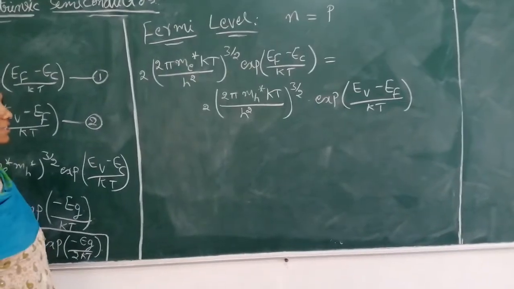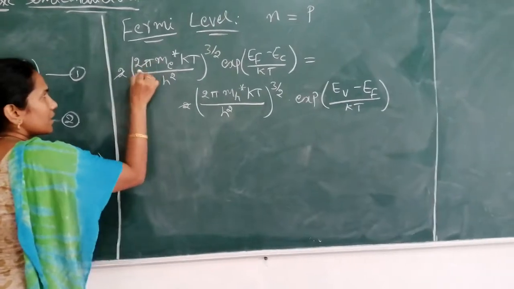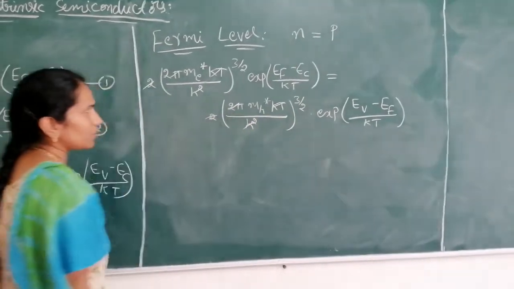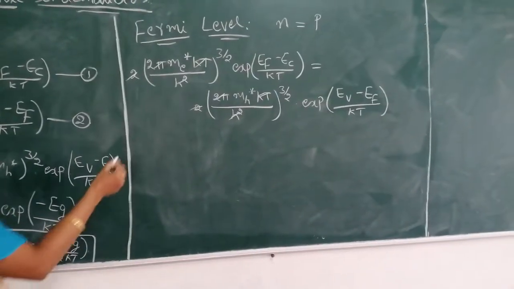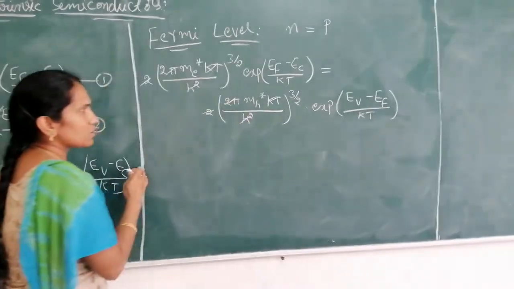So when we equate these two, the common terms will get cancelled. This 2 will get cancelled. Similarly, (2 pi kT by h square) whole power 3 by 2 will get cancelled. So here, what are the remaining terms? Take all the exponential terms to the left side.